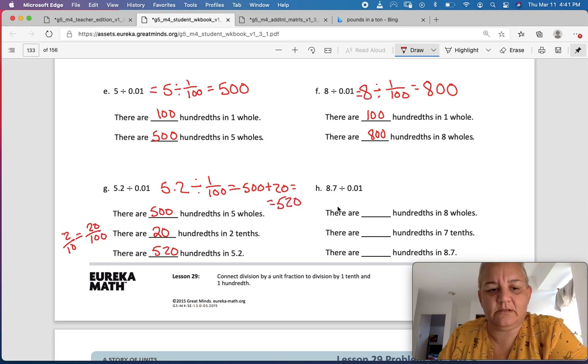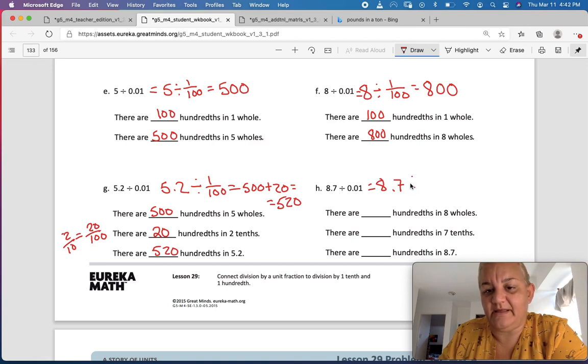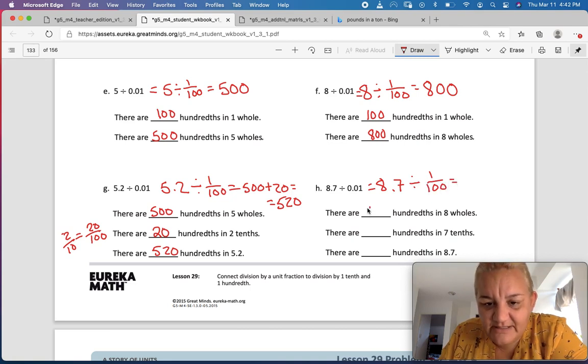Okay. All right, let's try this next one. I don't want you to get confused because we're adding a 0 here, but we went from tenths to hundredths. So 8 7/10 divided by 1/100th equals what? Well, there are 800 hundredths in 8 wholes.